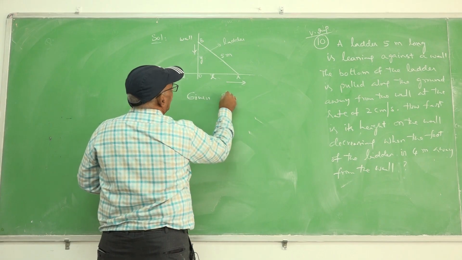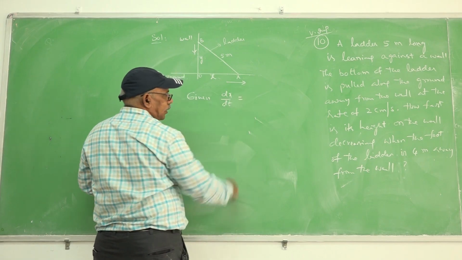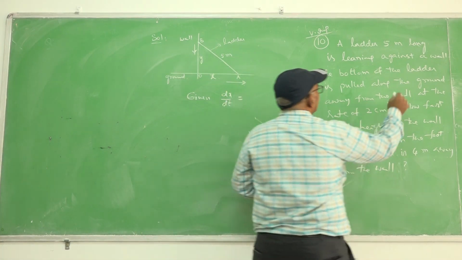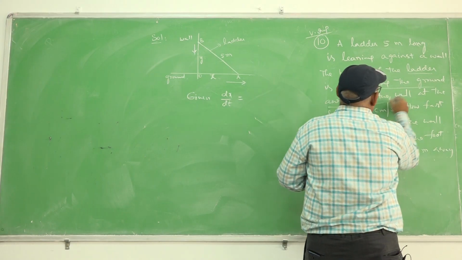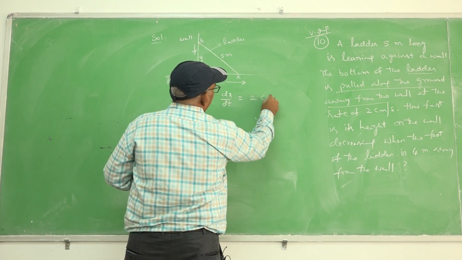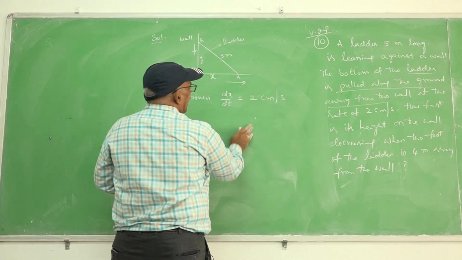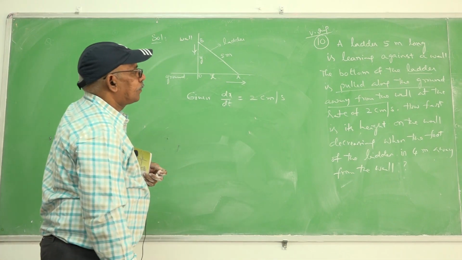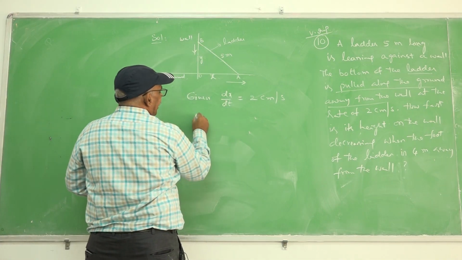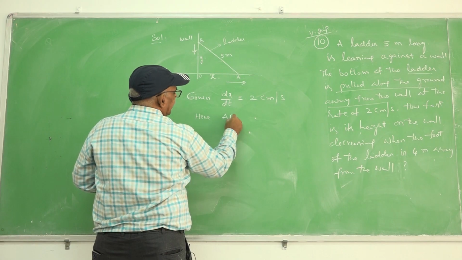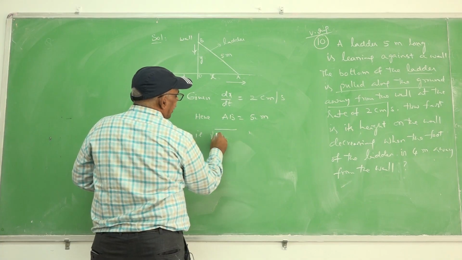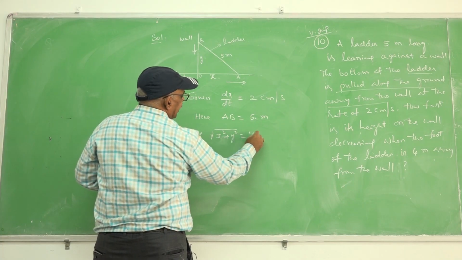Given dx by dt, the rate of change of the bottom, the ladder is pulled away from the wall at the rate of 2 centimeters per second. So dx by dt is 2 centimeters per second. Because it is increasing, I am taking it as positive. And AB is 5 meters, it is fixed. AB means square root of x square plus y square is 5.